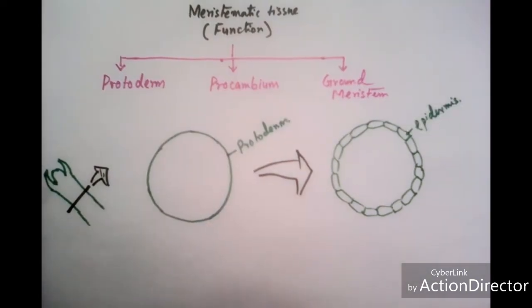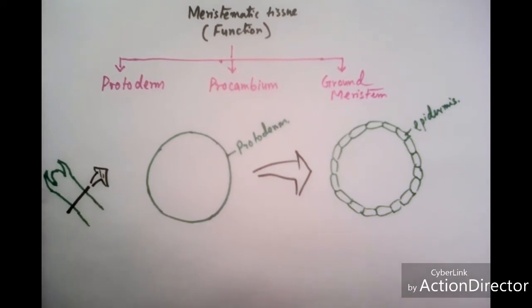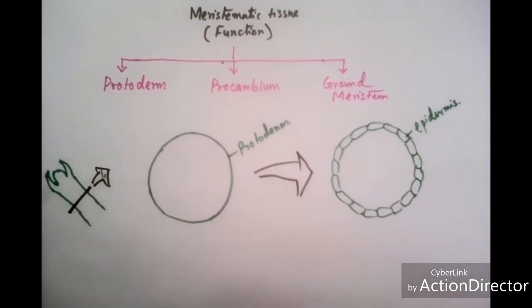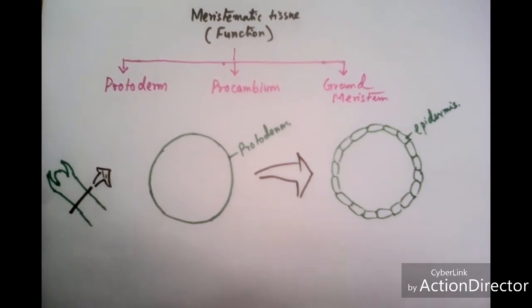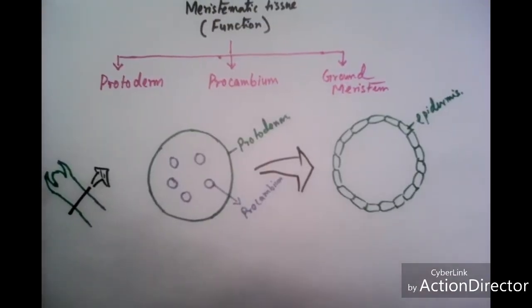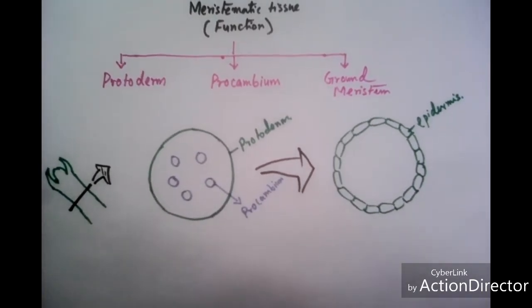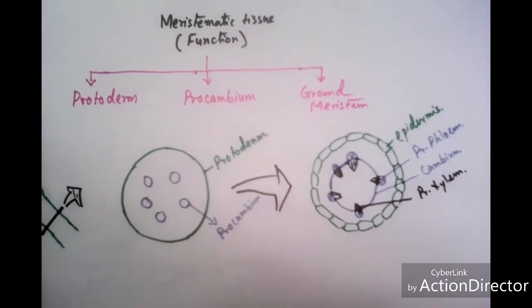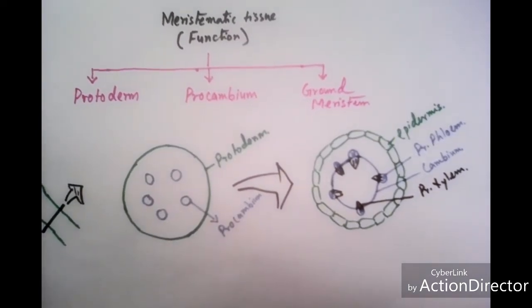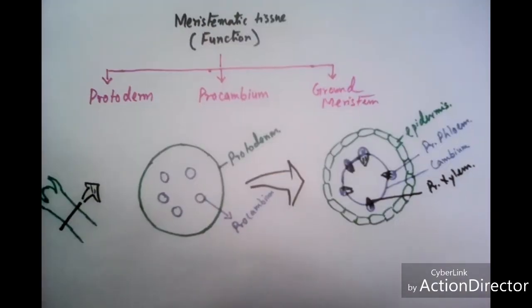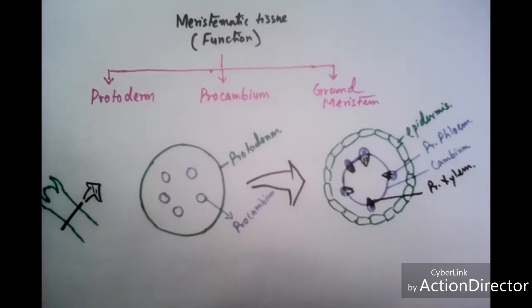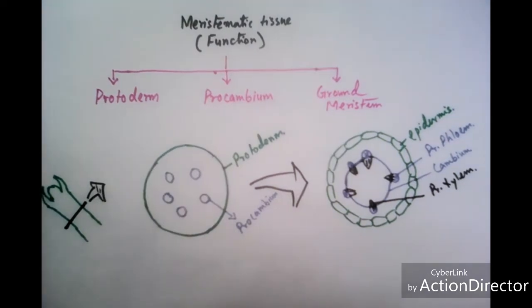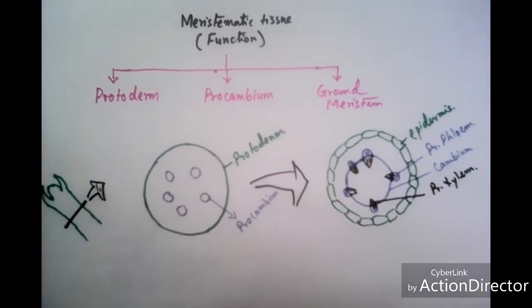Now procambium is present on the inner side of protoderm within the ground meristem zone and produces a ring-like structure. We know that from procambium the primary vascular bundle, that is primary phloem, primary xylem and cambium, is developed. Except protoderm and procambium, the whole region is called ground meristem.